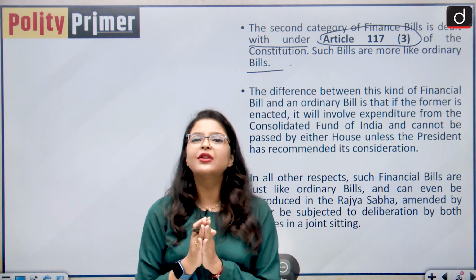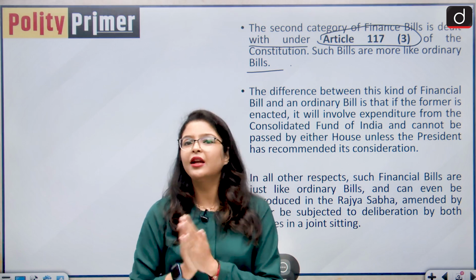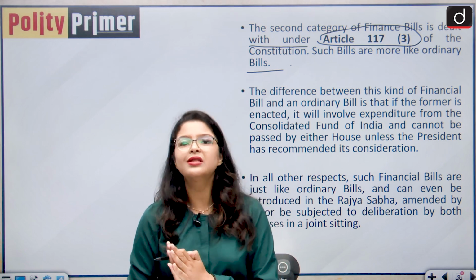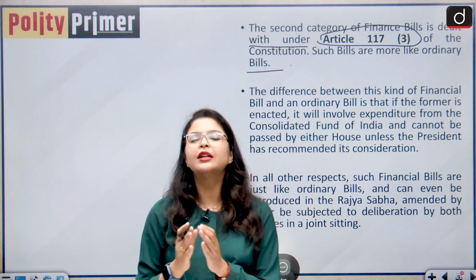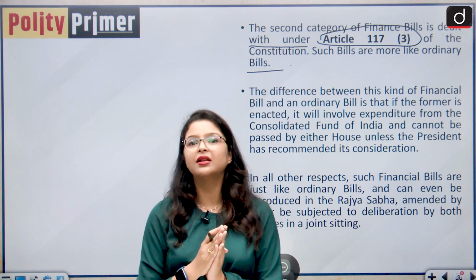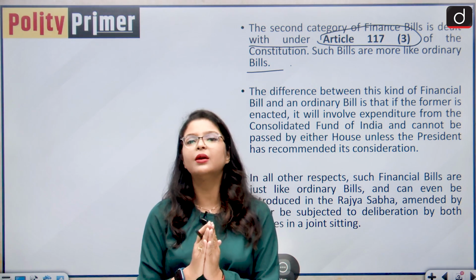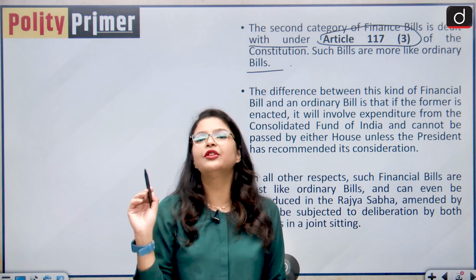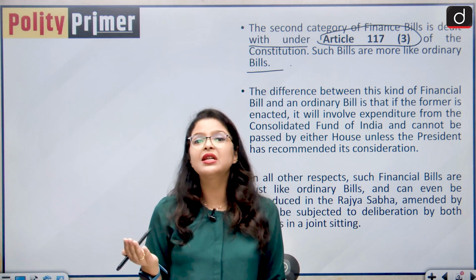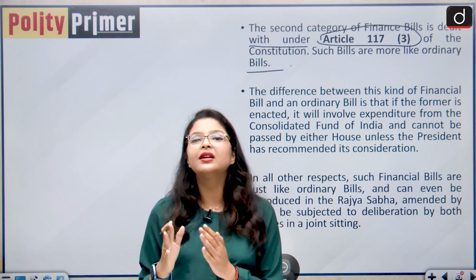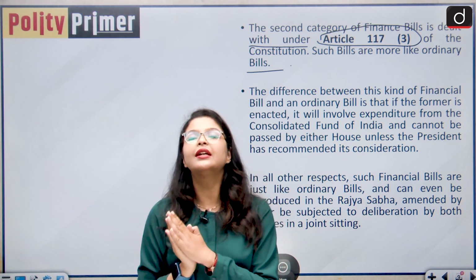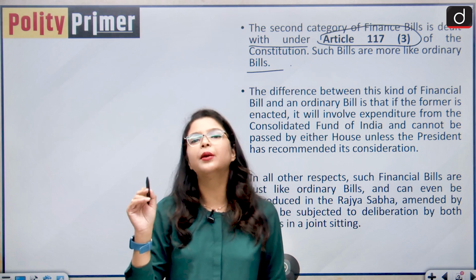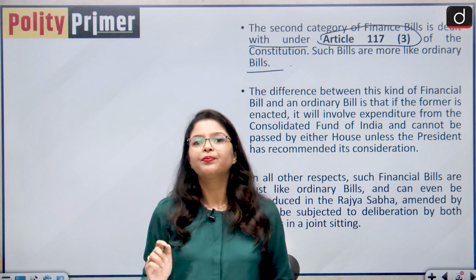But what is the difference between an ordinary bill and a financial bill of category 2? Financial bills of category 2 do not require the president's recommendation for introduction, as we were seeing in the case of financial bills of category 1, but if the houses have to consider the financial bill of category 2, then the president's recommendation is required.